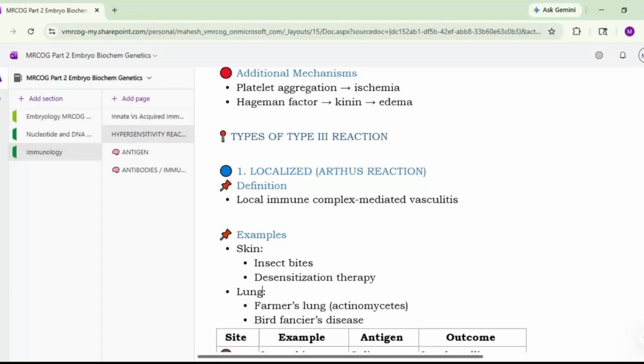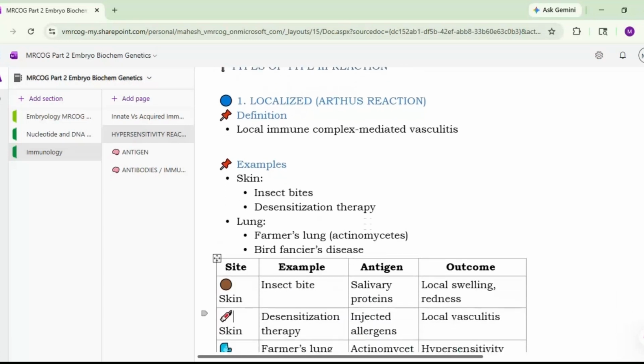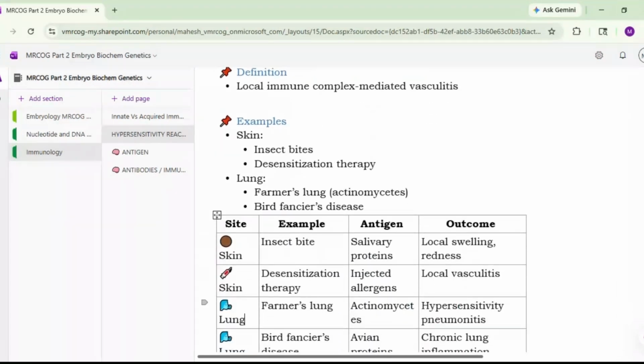You give the antigen to desensitize the person. Another example is farmer's lung, like actinomycetes, or bird fancier's disease, where there is a local immune complex mediated vasculitis. Okay, so it may be skin or it may be lung. In the skin, you have insect bites and desensitization therapy, or in the lung, farmer's lung and bird fancier's disease. Okay, so the site may be skin, it may be lung.